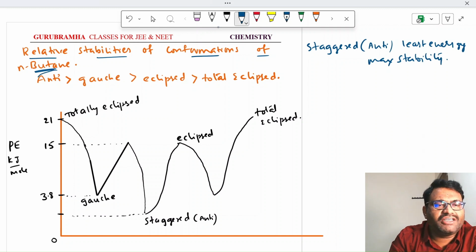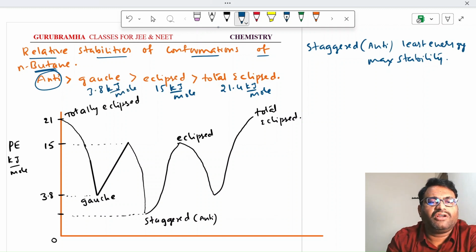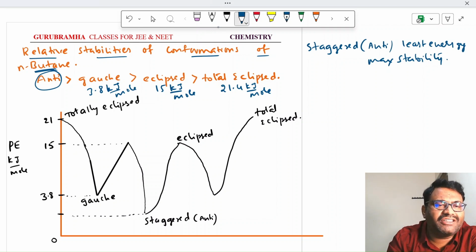When compared with this anti, total eclipsed has 21.4 kilojoule per mole approximately, eclipsed has 15 kilojoule per mole approximately, and gauche has 3.8 kilojoule per mole more energy compared with the staggered. So gauche has 3.8 kilojoule per mole more, eclipsed has nearly 15 kilojoule per mole, and total eclipsed has 21.4 kilojoule per mole. Right?